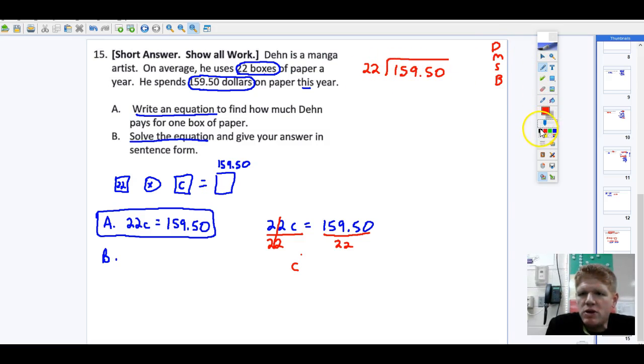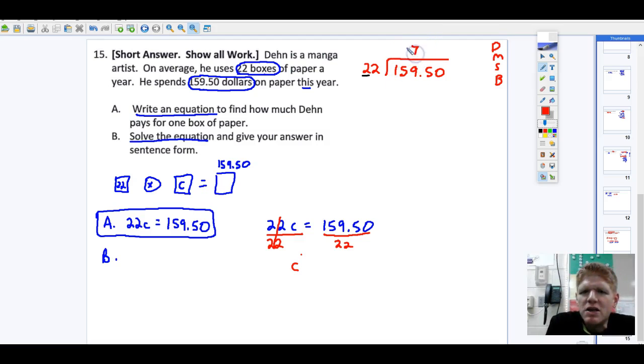It's probably a safe guess to say that 22 goes into 159 about the same number of times that 20 would go into 160. Let's say 8 times, maybe a little bit less. If we said 8, we would get a number that's probably bigger than 160, so let's try 7.